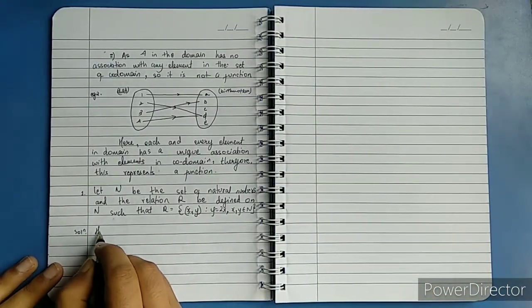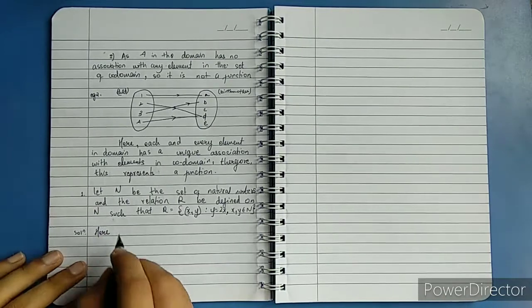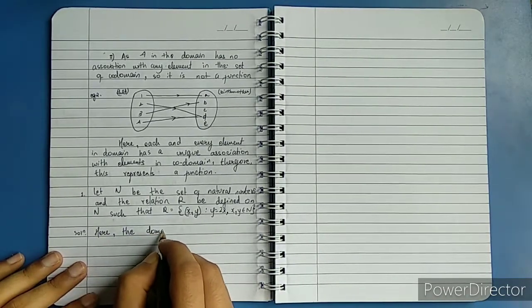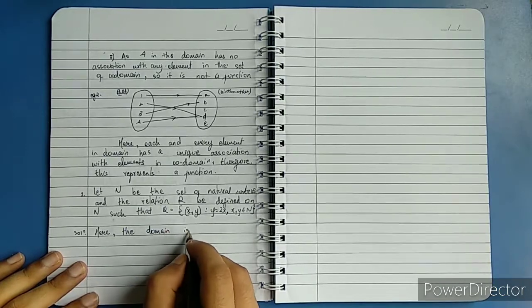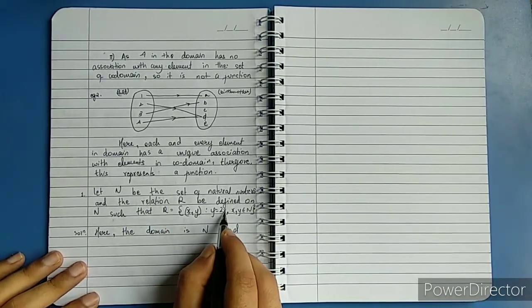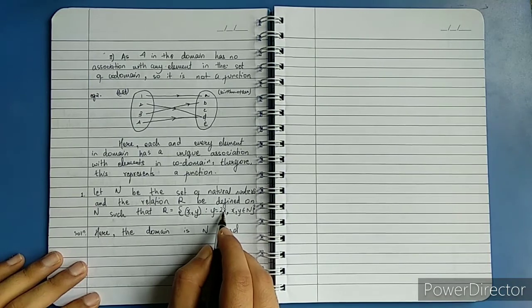So here the domain is N, and if you put natural numbers in place of x, say 1, then 2 ones are 2. If you put 2, then you get 2 twos are 4. If you put 3, 3 twos are 6.